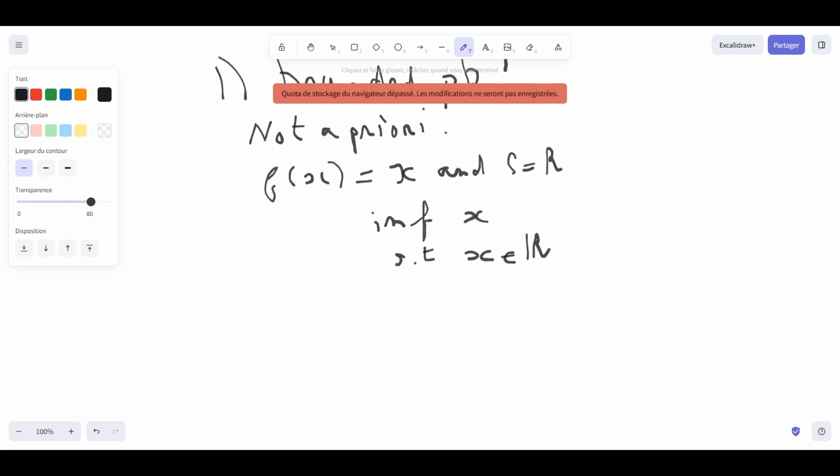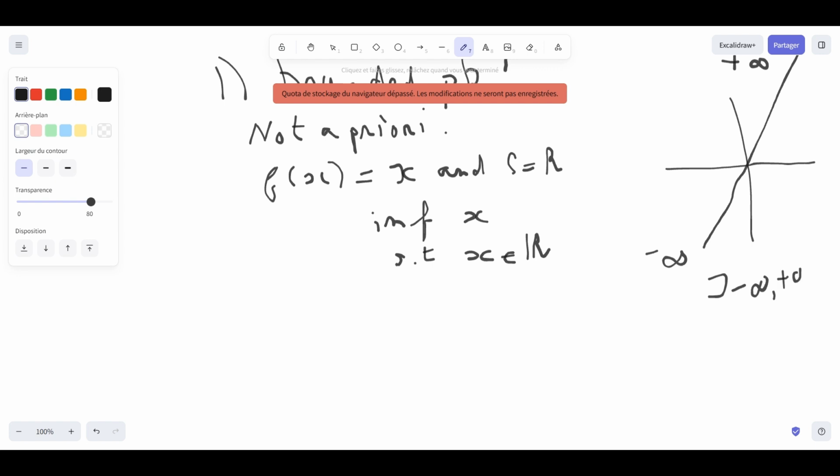And so with this, there is no lower bound on the objective value, and we refer to the problem as unbounded. You have your line going like this, and there is no bound, it goes until minus infinity, so it's not bounded.